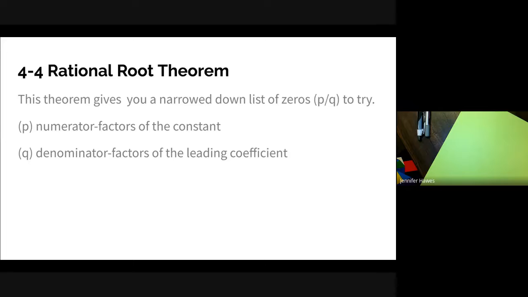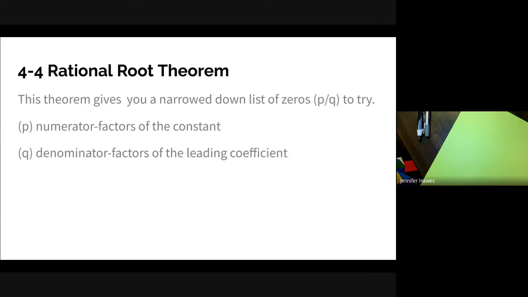So how do we get this list of potential zeros? Well, you're going to make 2 lists of numbers and then make some fractions. So it says P over Q. P is the numerator. These are all the things that multiply and give me that constant. Remember, the constant is the number on the end that doesn't have any variable.